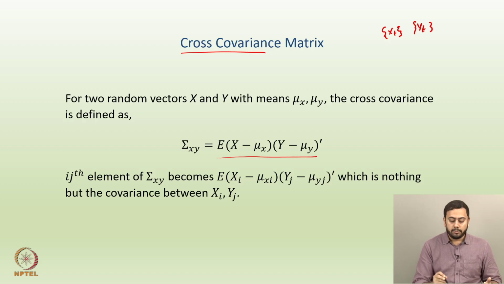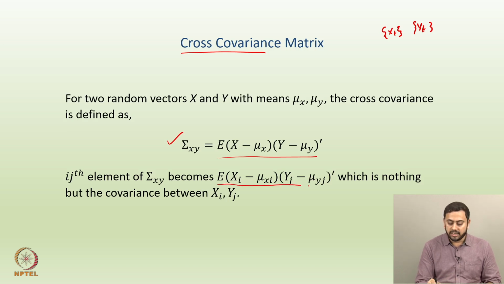By the way, this is a notation that we will stick to. Sigma subscript xy denotes the cross covariance matrix of two random vectors x and y. The ijth element of this matrix becomes nothing but this.